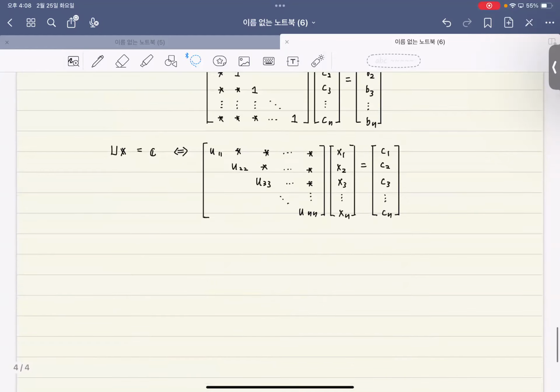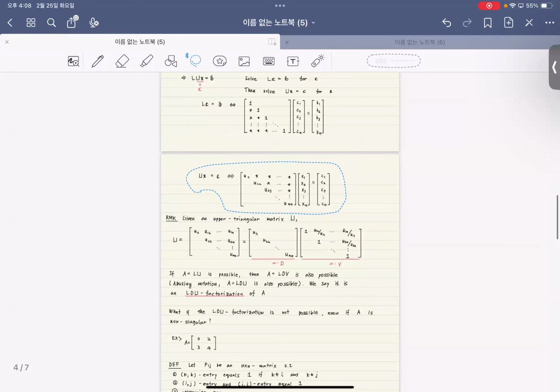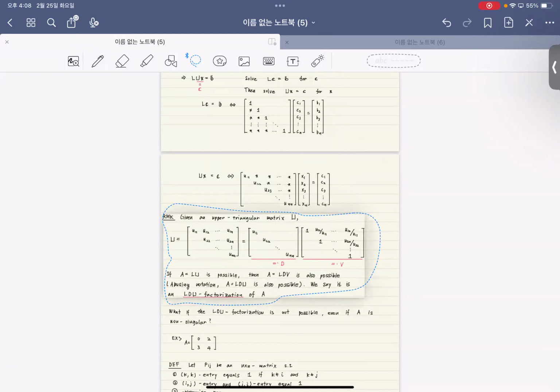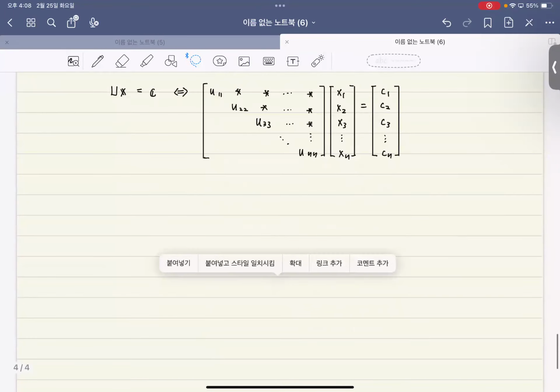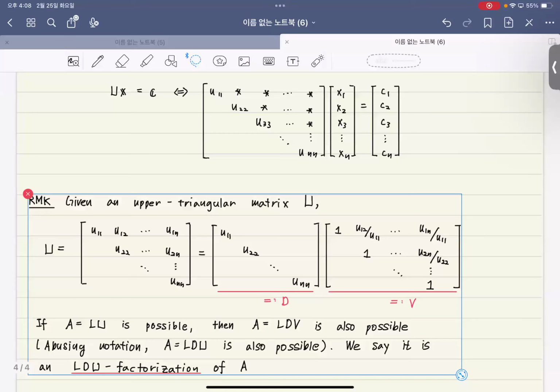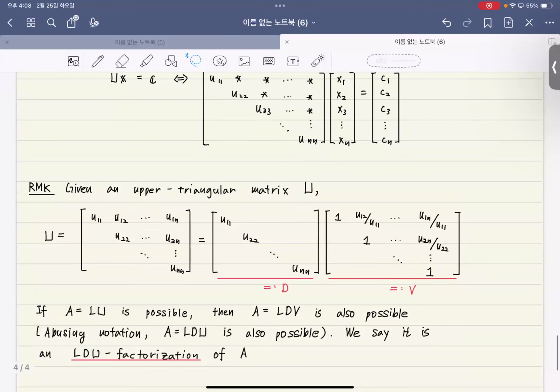Just one more thing. Suppose you have any upper triangular matrix U. And also I forgot to mention it, but there is one more assumption.